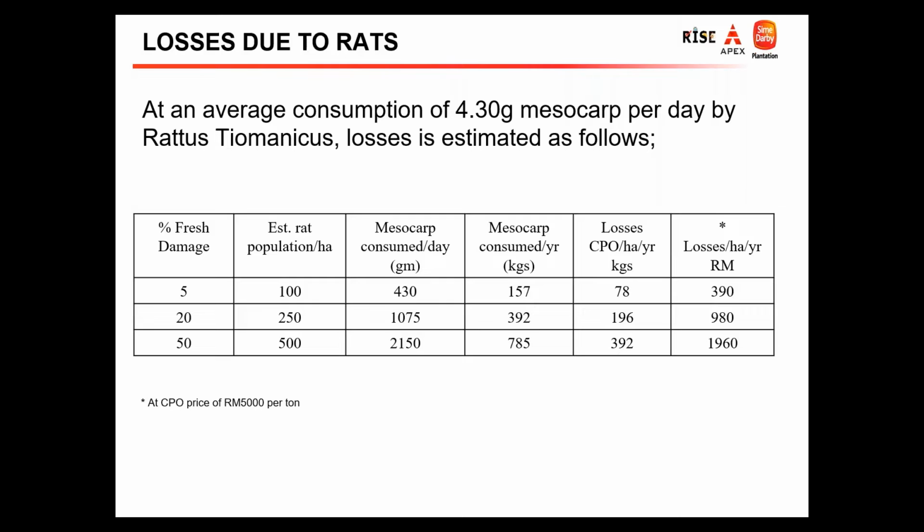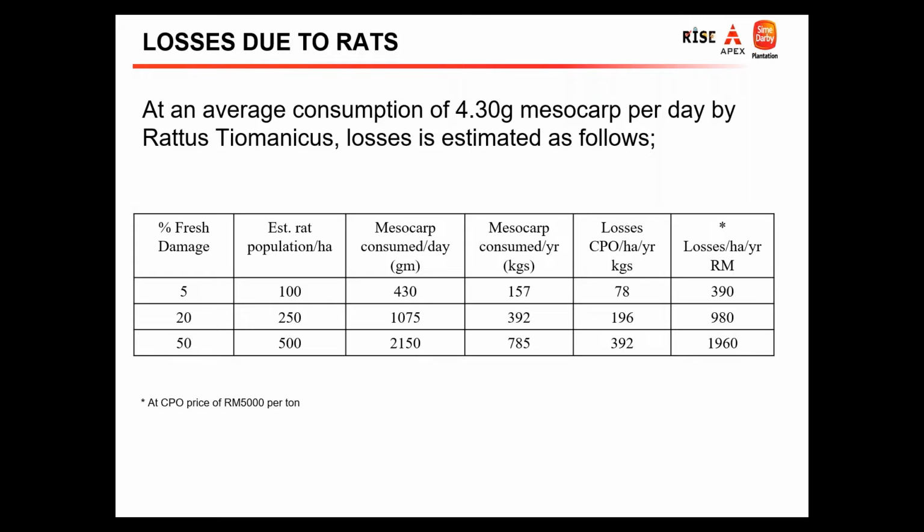The mesocarp is 50% oil, and at the current price of $5,000 per ton, your losses per year just at the low damage incident is nearly 400 ringgit per hectare per year. At high damage incident it is nearly 2,000 ringgit per hectare.